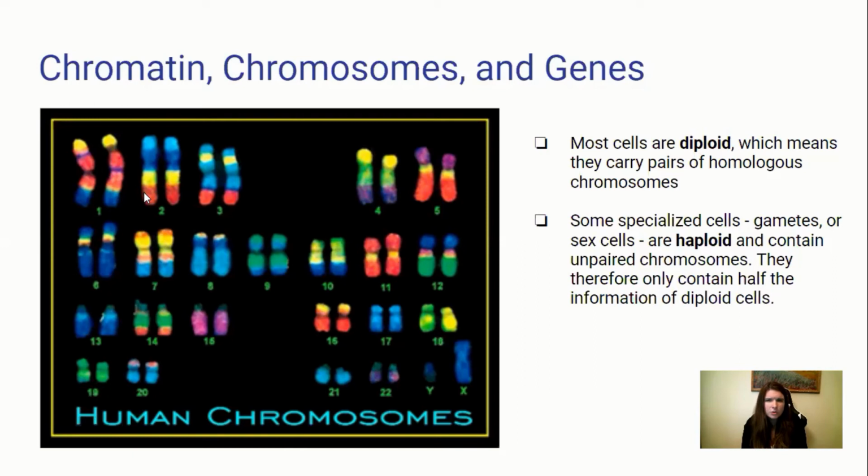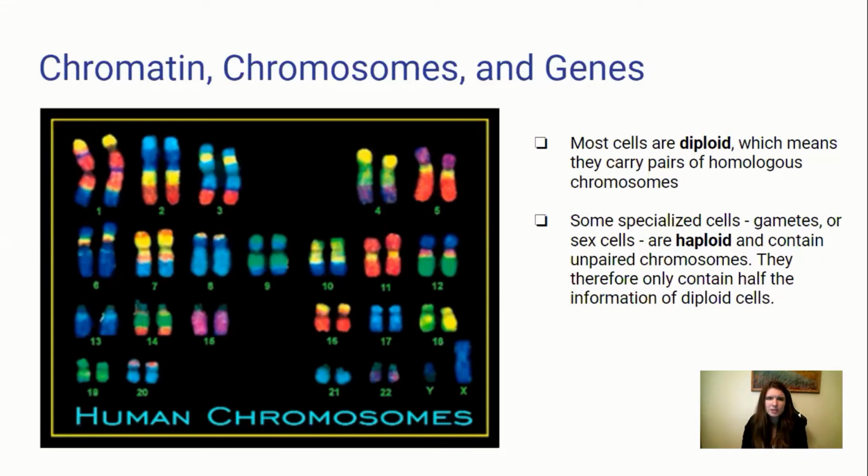And they therefore only contain half the information, because if you have a gene for brown hair on chromosome 1 here, and a gene for blonde hair on chromosome 1, the homologous pair over here, if you suddenly only have one of those chromosome 1, you now have half the information, you only have one of those two alleles.